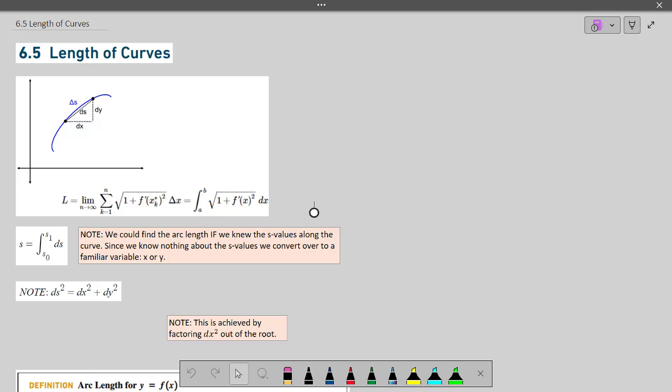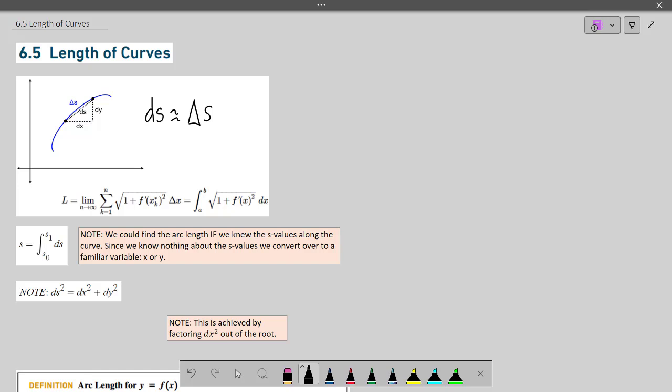But delta S can be approximated by ds. Our differential triangle has a dx in the horizontal direction, a dy in the vertical direction, and ds is the hypotenuse of it. So ds is going to approximate delta S. Delta S is the exact arc change.